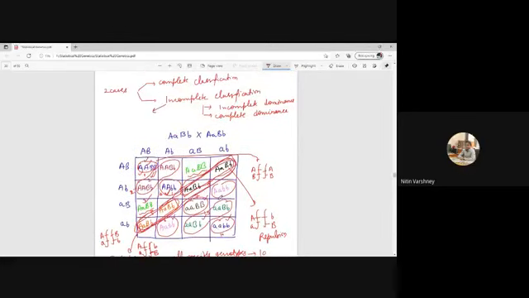Now what is incomplete dominance? See, if this is the case AABB, then suppose I am making this cross, then our progeny is this, or I am making this cross.